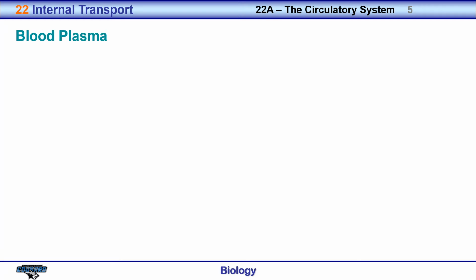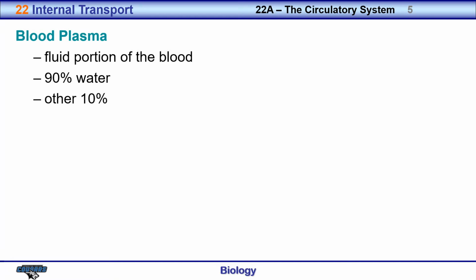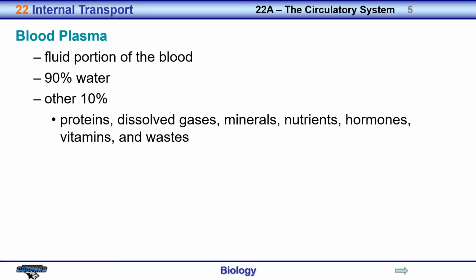Now, blood plasma, as we saw in the previous slide, is a portion of the blood, and it's 90% water. It is very important for the other things that are found within it. That remaining 10% is made up of proteins, dissolved gases, minerals, nutrients, hormones, vitamins, and waste.